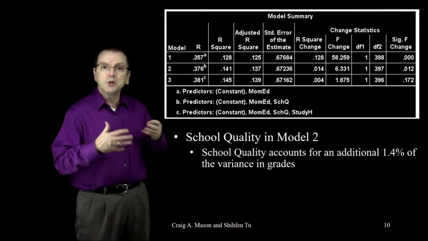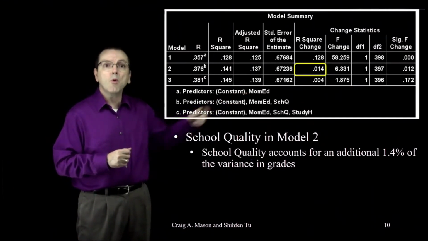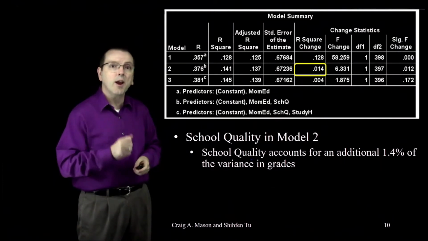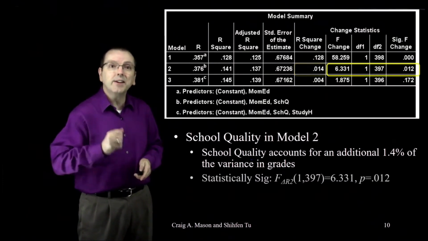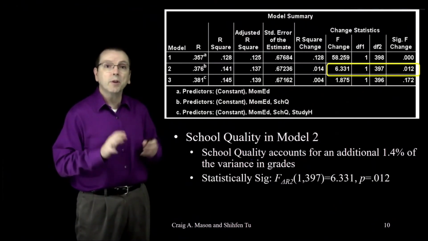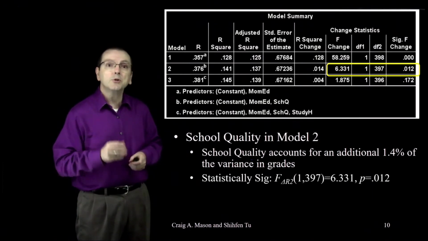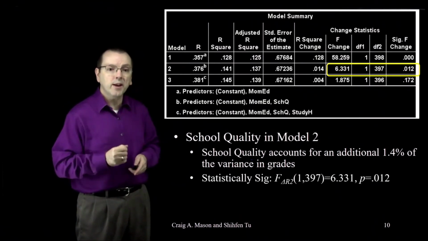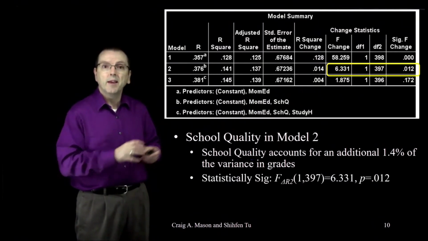The inclusion of school quality accounts for an additional 1.4% of the variance in grades, which is statistically significant, with an F for the change in R squared with 1 and 397 degrees of freedom equal to 6.331 and a p-value equal to 0.012.